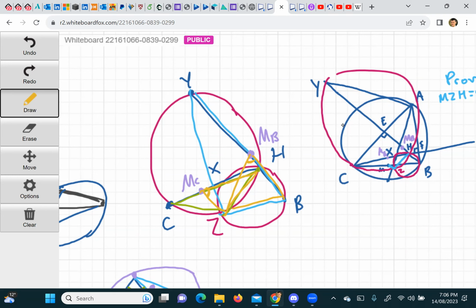So essentially, you get the same diagram, but with Y replaced by MB and C replaced by MC, right? Oh, it's like meta. And what that means, in particular, is that MB, MC, Z, H is cyclic. And there's another one, so all of them are cyclic.